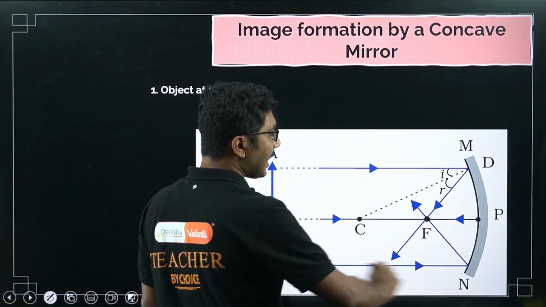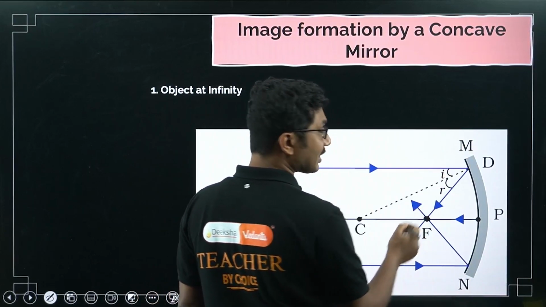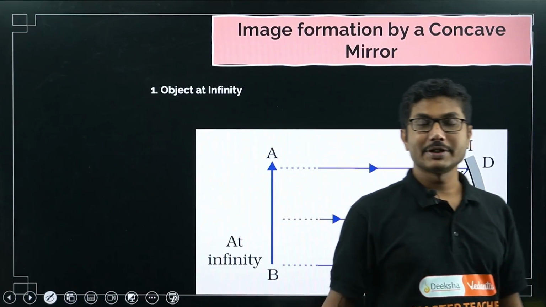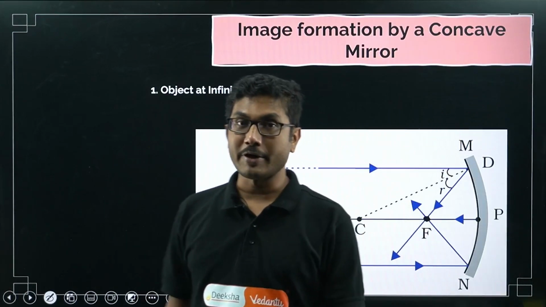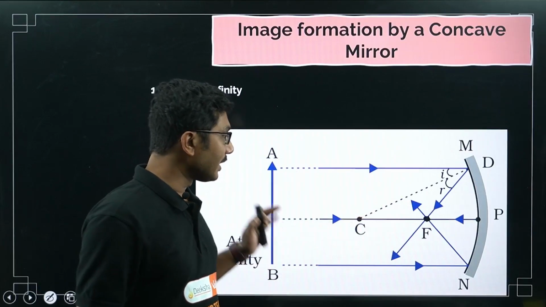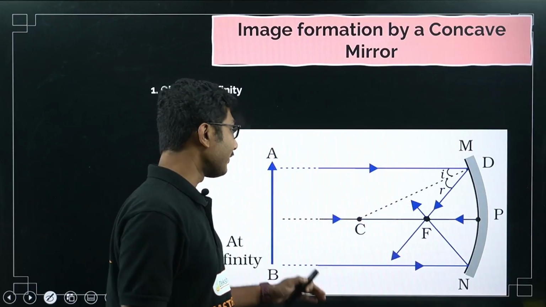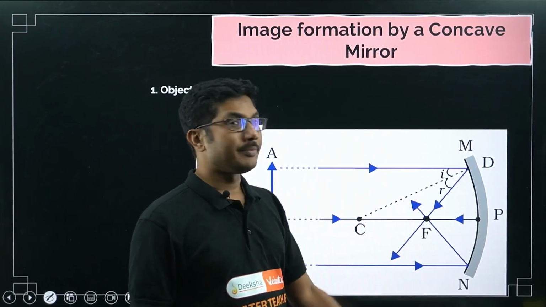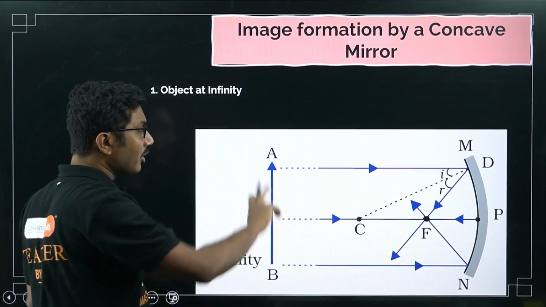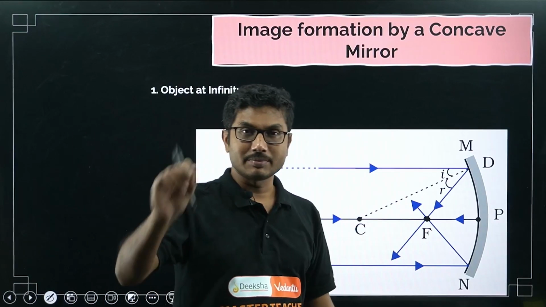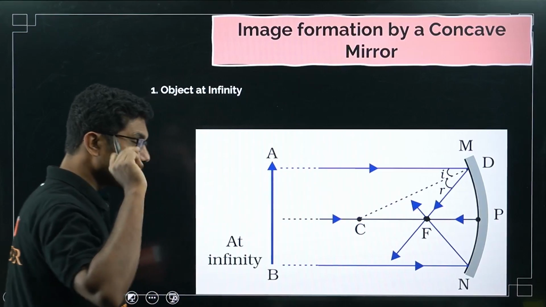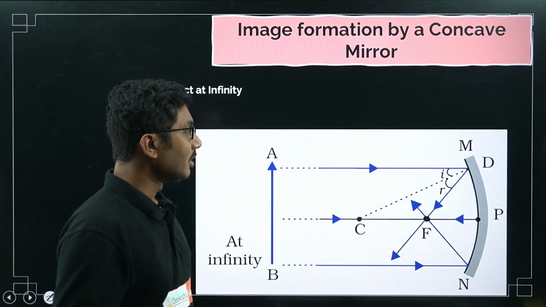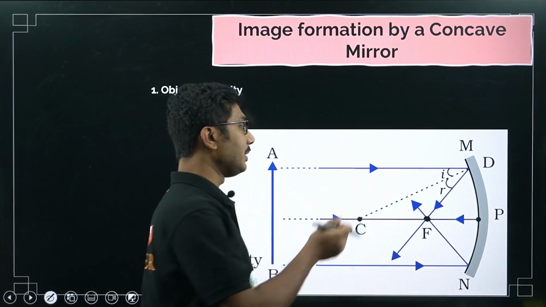By the definition of focus, when rays are parallel to the principal axis, after reflection they all converge at a single point, called the principal focus. The image will be very small compared to the actual object, so highly diminished. You can even say it is a point-sized image at the focus.